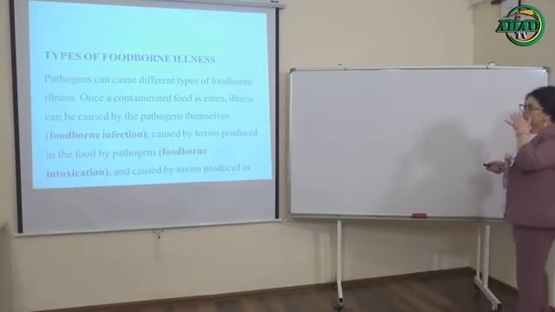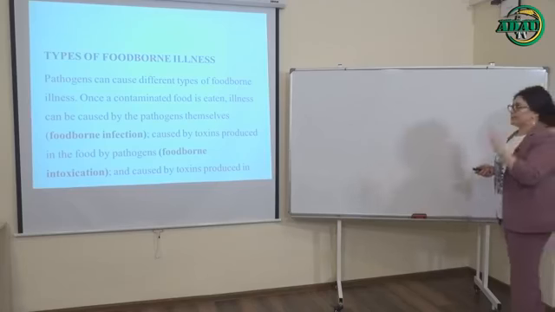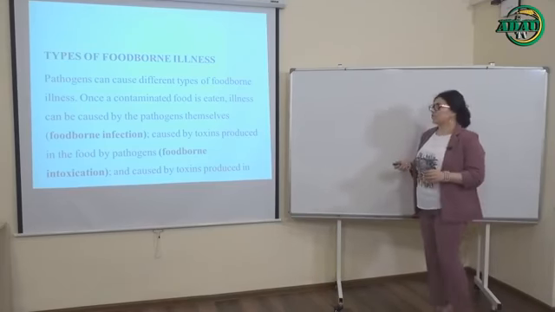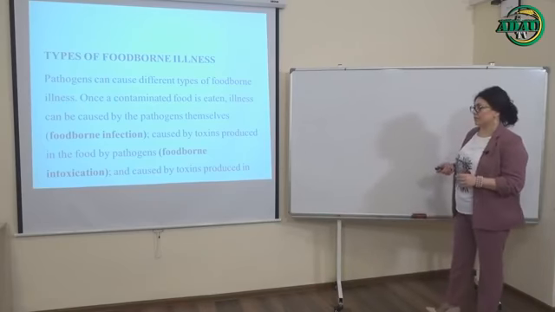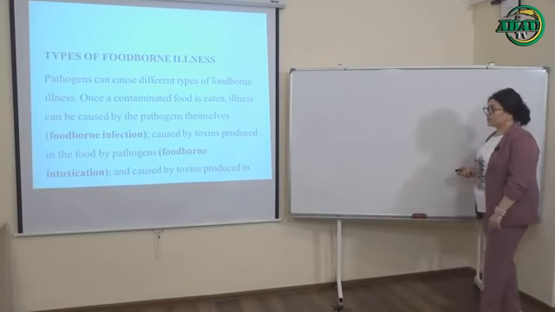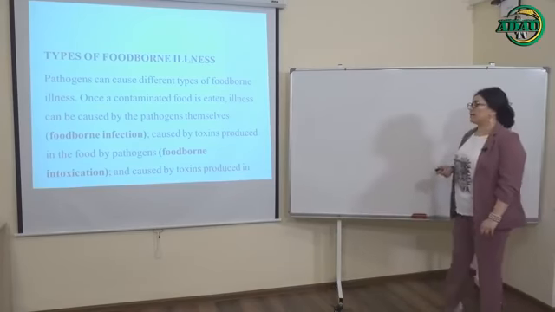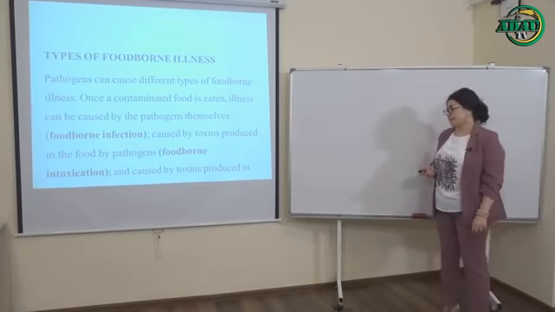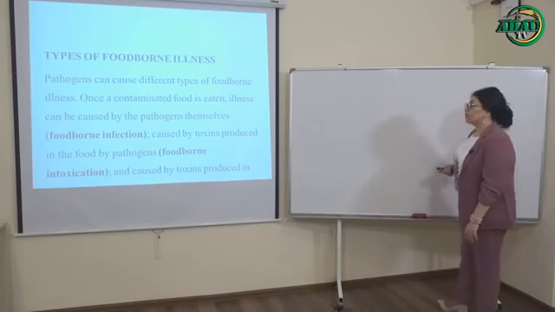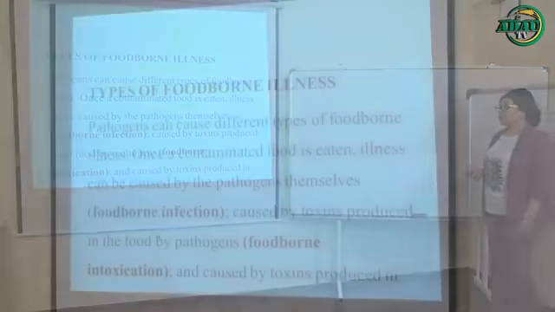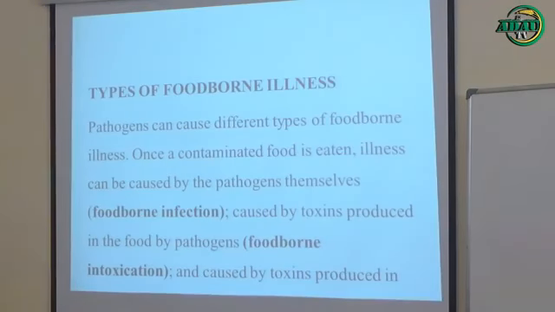So, types of foodborne illnesses. Pathogens can cause different types of foodborne illness. Once a contaminated food is eaten, illness can be caused by the pathogens themselves, which causes foodborne infection, or caused by toxins produced in the food by pathogens.